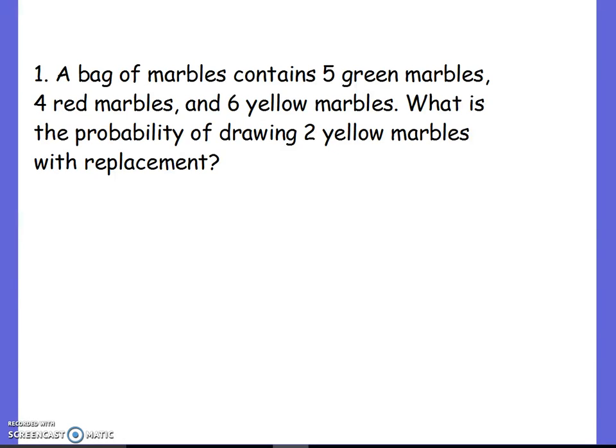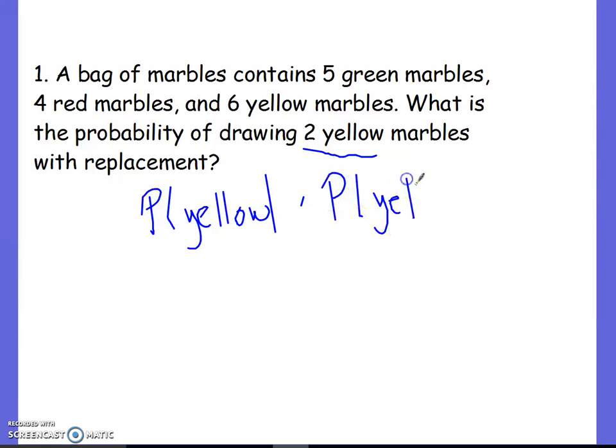Let's take a look at the back side. A bag contains 5 blue marbles, 4 red marbles, and 6 yellow marbles. What is the probability of drawing 2 yellow marbles with replacement? So we want the probability of yellow times the probability of yellow.